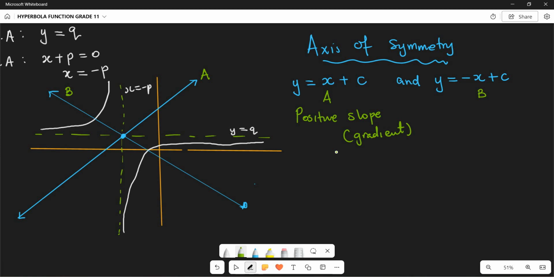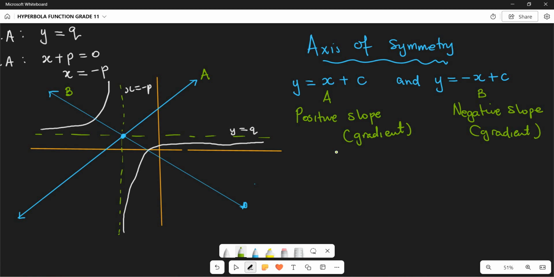And the B graph, we can see with the minus x, so it has a negative slope, or we can say gradient. So they are symmetry lines. Functions can be reflected about them at times.